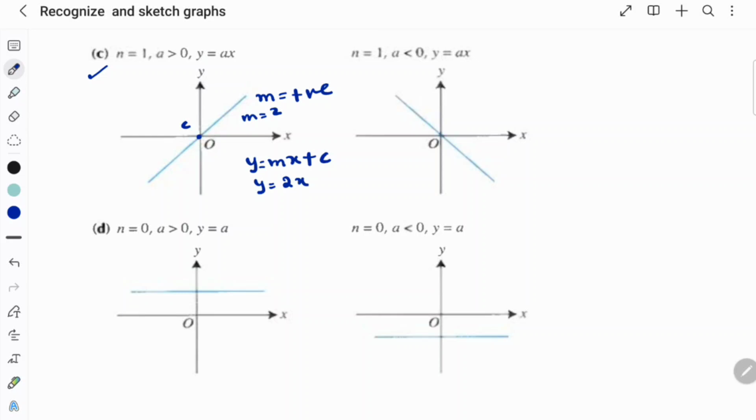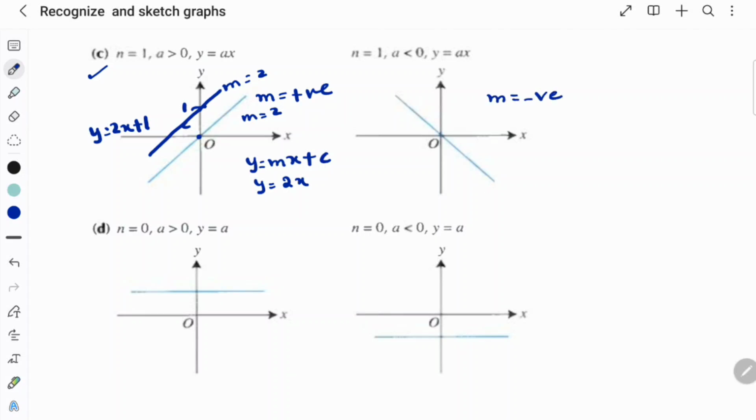But if the gradient is the same and it is intersecting at 1, the equation will be y equals 2x plus 1.